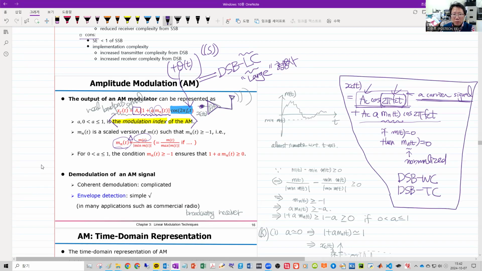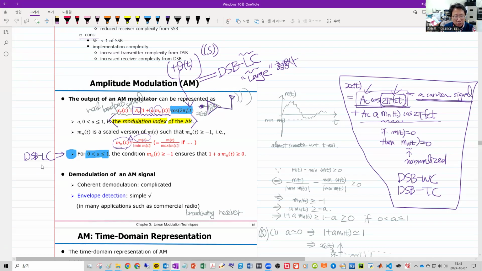Then you may say, wait a minute, professor, you just said that this is the signal model for AM. And actually, an additional constraint on this model makes this signal DSB with large carrier. And here, this is the constraint: if a is chosen as a number between 0 and 1, then this makes this signal DSB with large carrier.